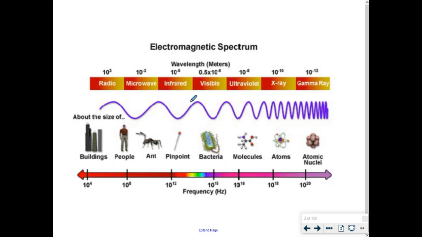You should also know that the colors in the visible spectrum go red, orange, yellow, green, blue, indigo, violet, because red backs onto infrared and violet backs onto ultraviolet. Make sure you get the colors of the light spectrum right as well.